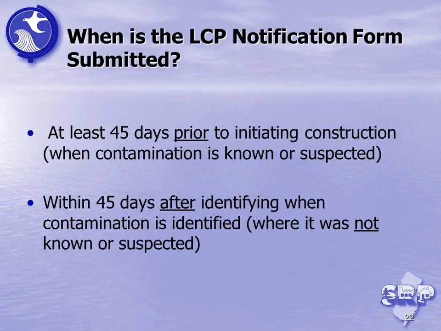The other time you need to submit this form is if you're undertaking the project, you didn't think you would encounter any contamination, but you do, then you have to submit it 45 days after you discover that contamination on the project.